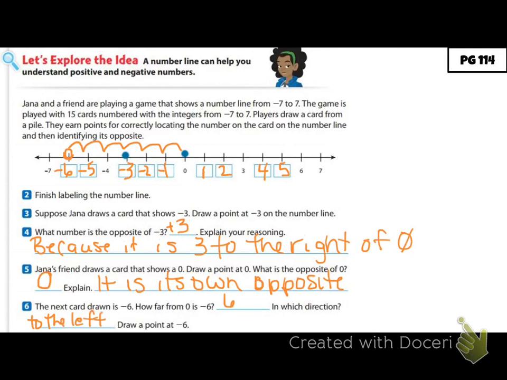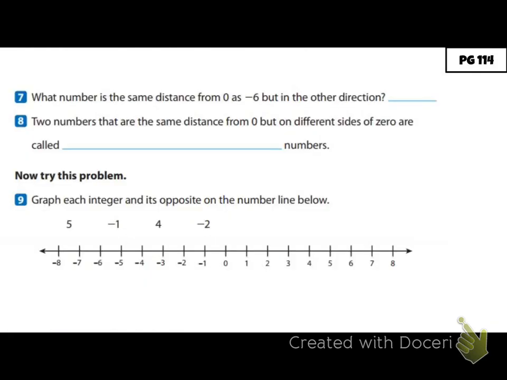Draw a point at -6. So I've circled it. Now we just put our point there. So number 7 says, what number is the same distance from 0 as -6, but in the other direction? So if we counted 6 to the right, it would tell us that it is 6 or +6.